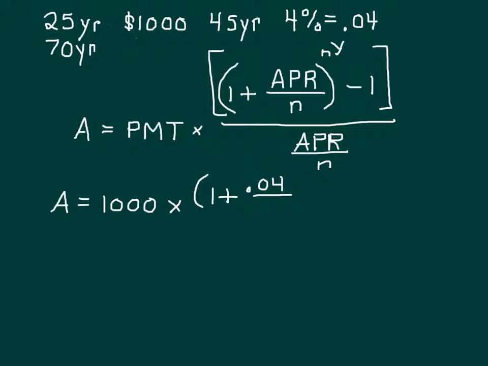This person makes only one $1,000 deposit, so a 1 goes down here. And this is raised to the N times Y.